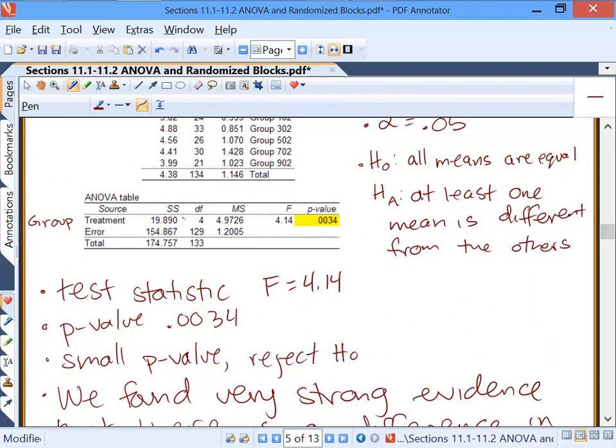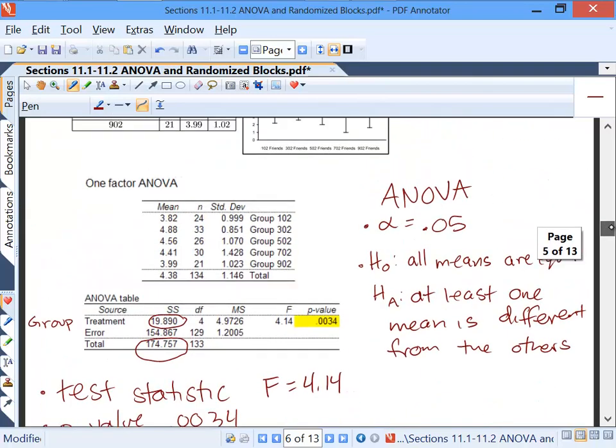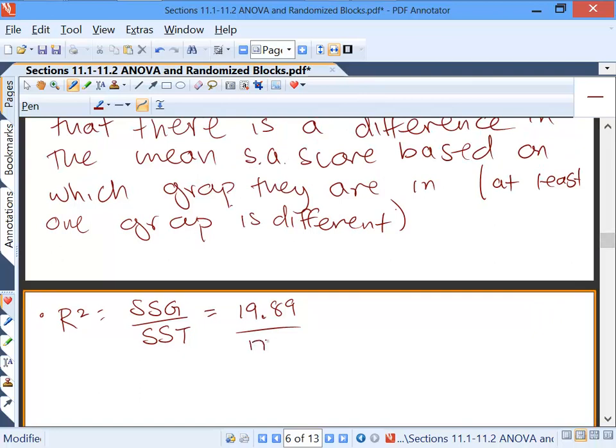SS group, sum squares group, would be our 19.89, and sum squares total would be 174.75. So about 0.114.